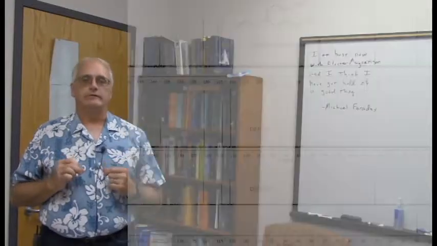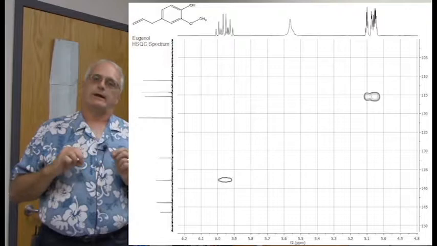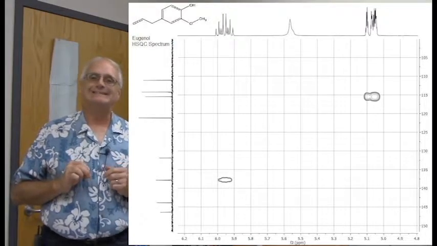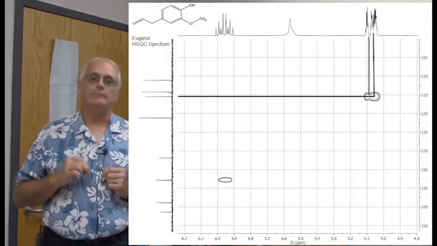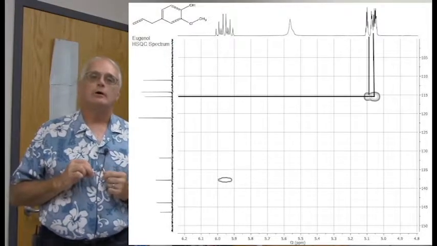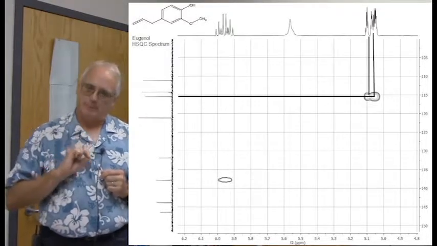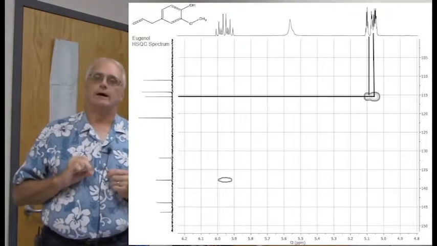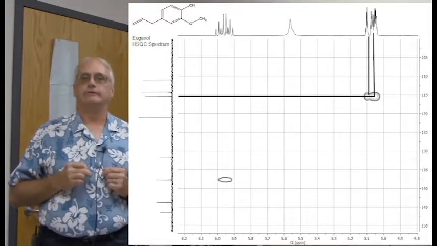And now the HSQC spectrum shows all the lovely correlations, and focusing on just the alkene region for a moment, there it is again, the carbon at 115 ppm correlating to the two separate but badly overlapped terminal alkene protons of eugenol.